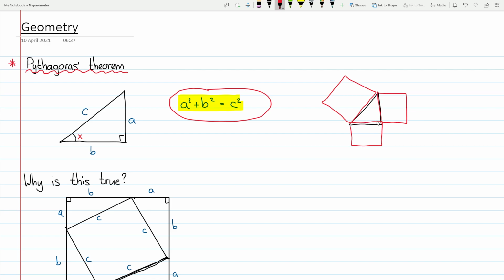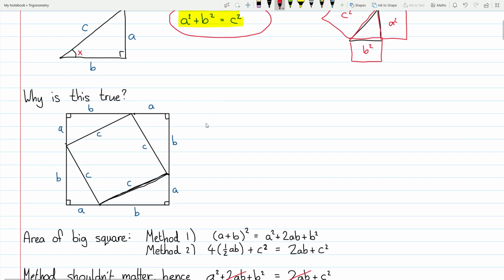If this length here is, I don't know, 3, then the area of this square is 3 times 3, which is 9, so 3 squared. So what Pythagoras' theorem states is that the area of this square is equal to the sum of these 2 areas. So a squared plus b squared equals c squared.